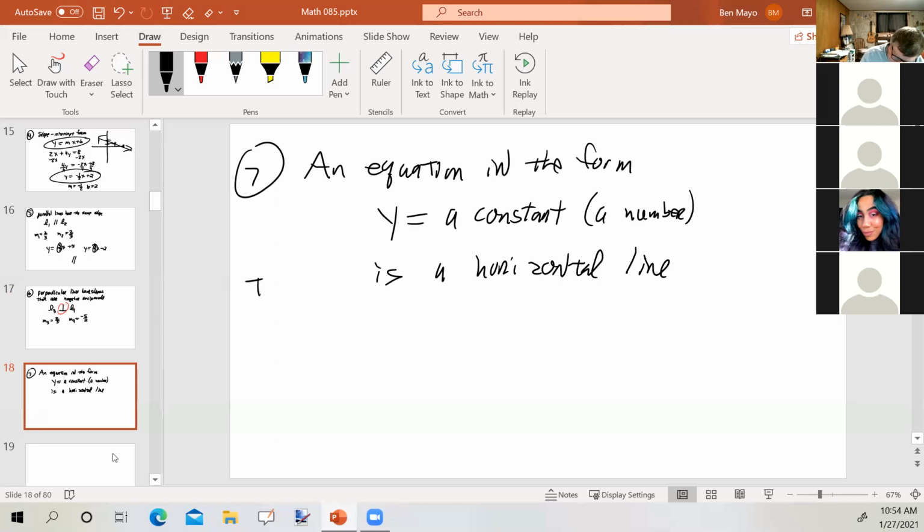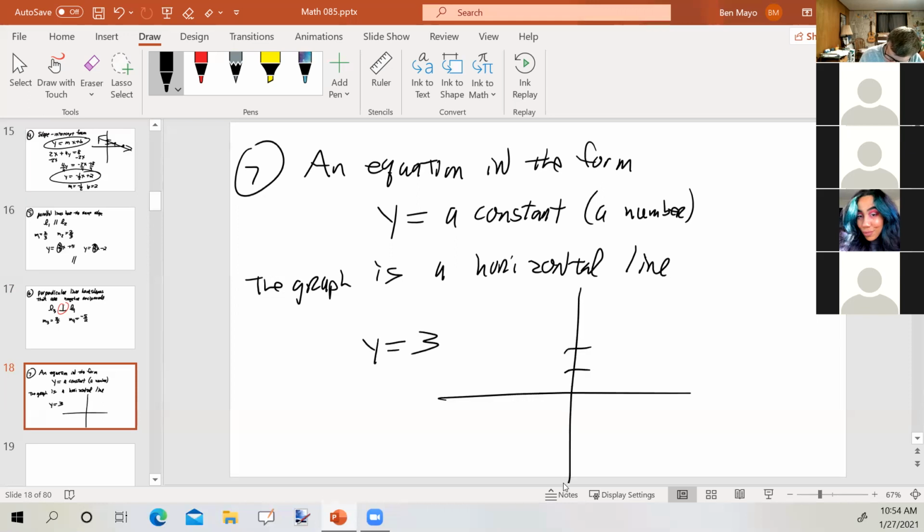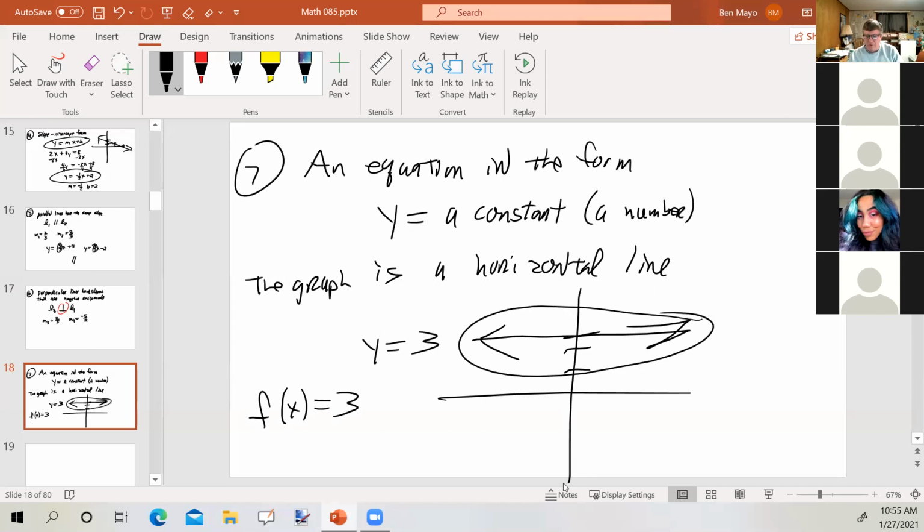So the graph is a horizontal line. So let's say you've got the equation y equals 3. That's going to look like that. It's going to be a horizontal line passing through 3. What if you had f of x equals 3? Remember, f of x is just a fancy name for y. So this would also be the graph of f of x equals 3. So an equation in the form y equals a constant, the graph is a horizontal line.